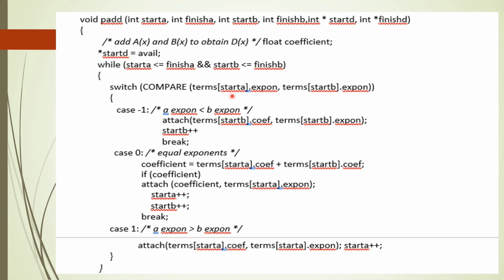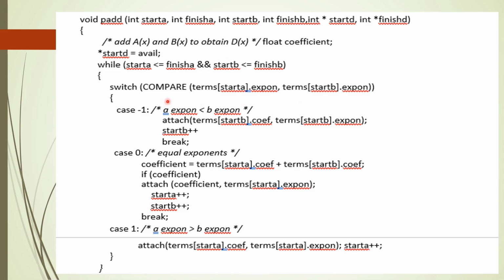Inside the array terms you have exponent as well as coefficient. So you have to retrieve the leading exponent of a polynomial. Start a is pointing to the beginning of the first polynomial. Start a dot exponent gives you the leading exponent of the first polynomial, and this statement gives you the leading exponent of the second polynomial. Those two values will be sent to the compare function.